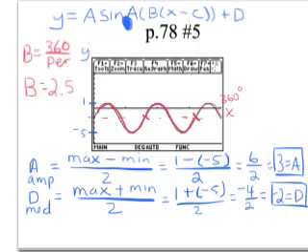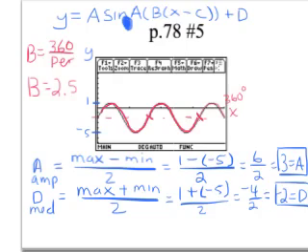So in a graph, if you look at this median, which is right here, the first time your output intersects that median and is increasing or going up, that's where C is. And it happens to occur right at the beginning. So this one, your C value is 0.